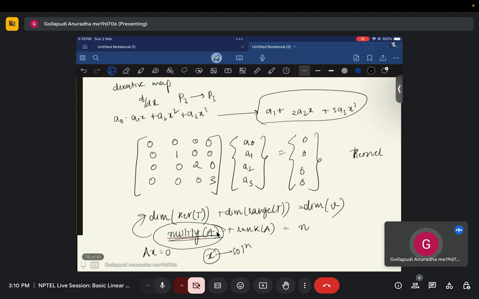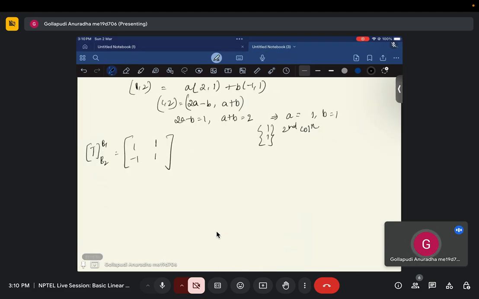So in case for the same question, if base 2 is the standard basis, then we can directly express it in the form of 3 of (1, 0) plus 0 of (0, 1), and then we'll be getting the first column as (3, 0).